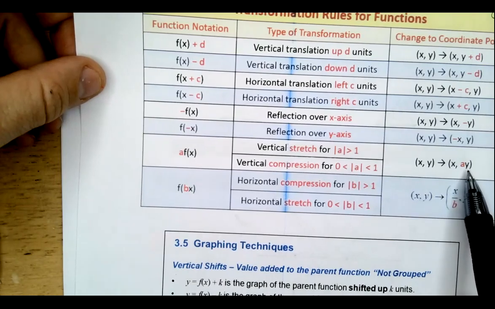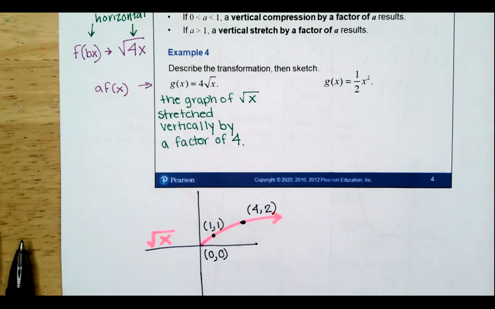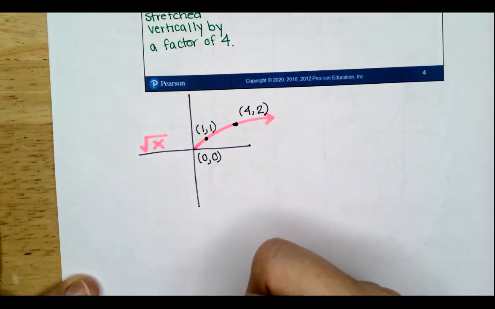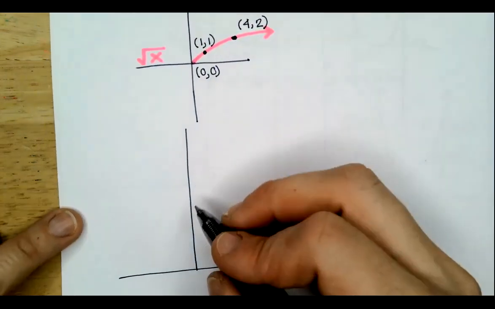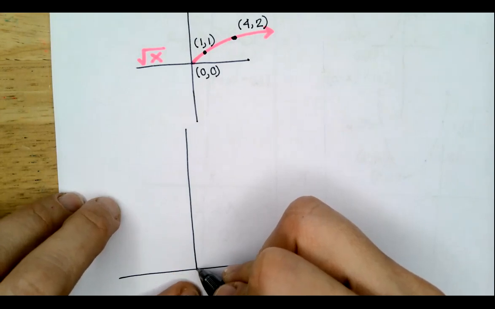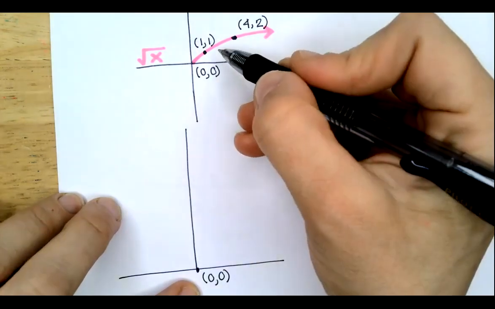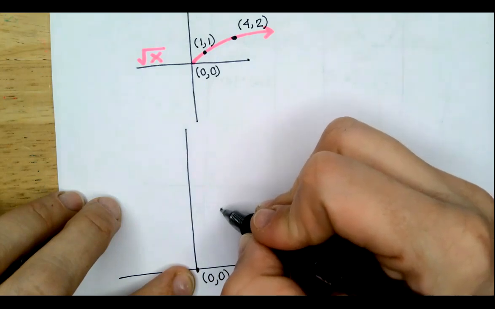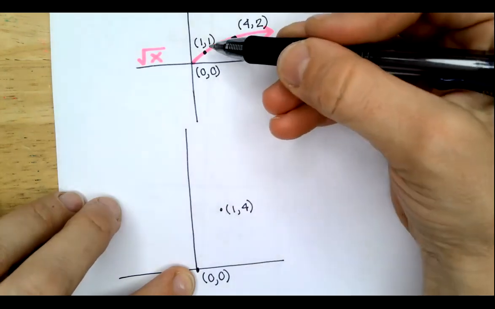means we're multiplying each y value by 4. Okay? So, on this new graph, multiplying each y by a factor of 4, I don't think I need quadrant 3 or 4, I'm just going to use quadrant 1 and 2. 0, 0 is just going to remain 0, 0 because 0 times 4 is 0. 1, 1 is going to be 1 on the x-axis, but it's going to be 4 on the y-axis, because we're stretching it by a factor of 4.